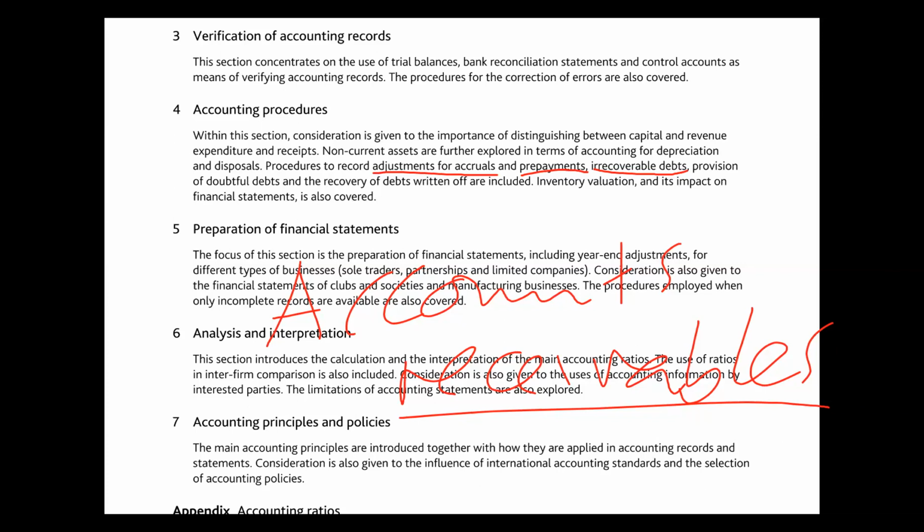We'll also look at the provision for doubtful debts. This comes from the prudence concept. Even if people owe us money, there is a chance that they may not pay all of it. So it is prudent for you as an accountant to provide an allowance for receivables, or doubtful debts.